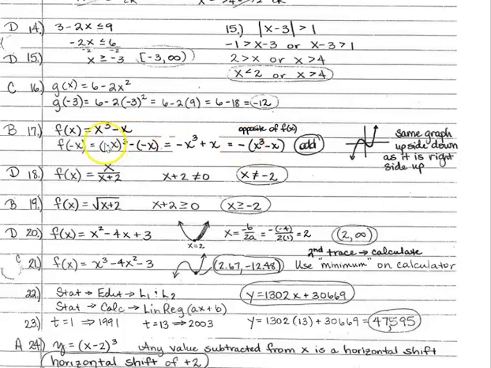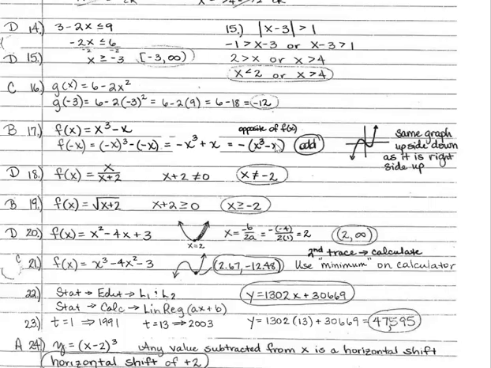If we put negative x in the place of x, we get negative x cubed, and negative times a negative is a positive x. If I factor a negative out of that, I would have x cubed minus x. You'll notice that is the exact opposite of the function we started with. So that's another way to see it's odd.